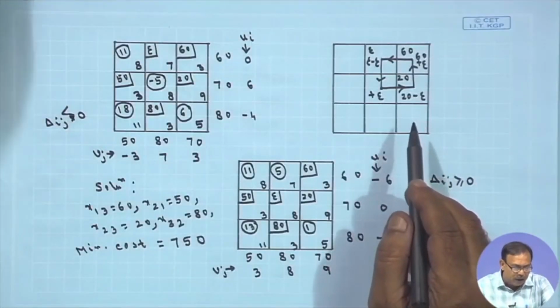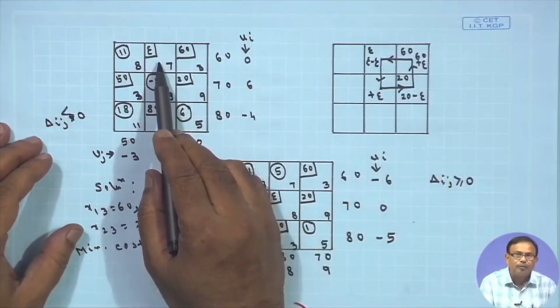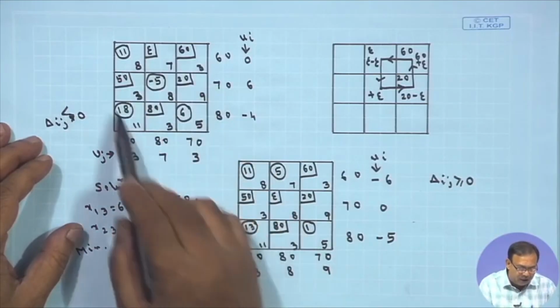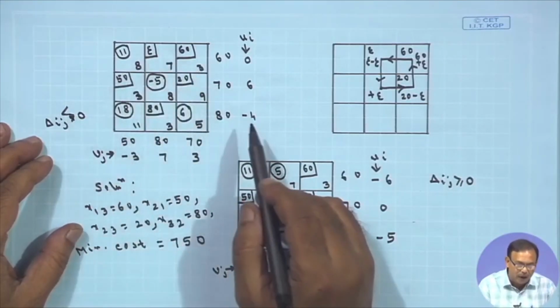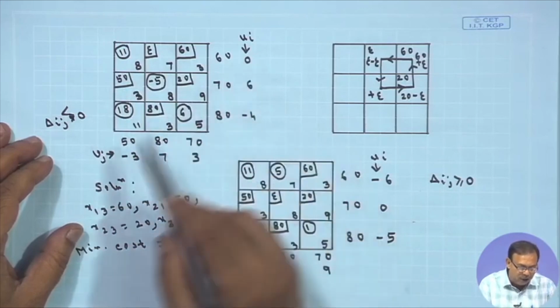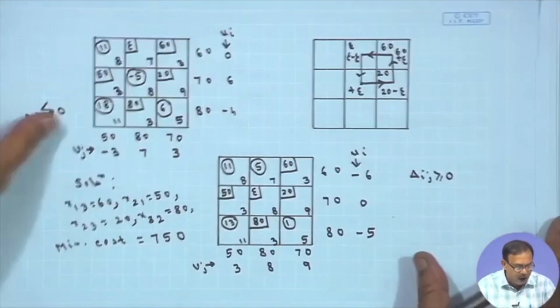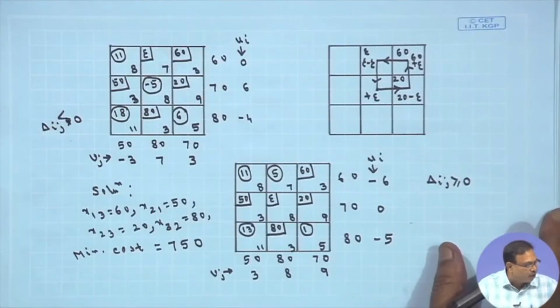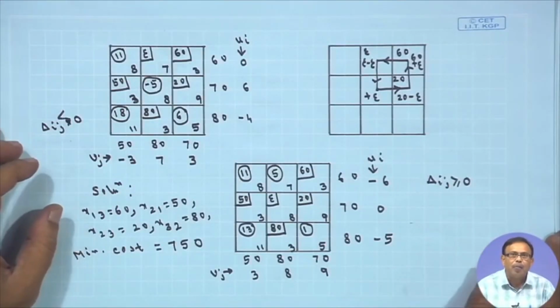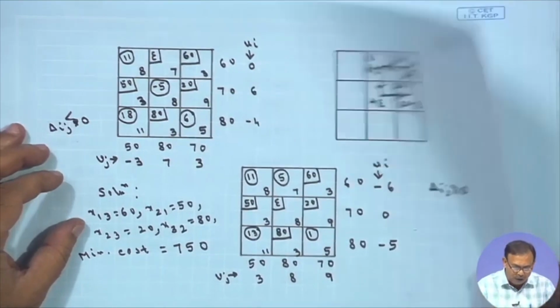In the next table I have assigned epsilon, and then again I will check whether this solution is optimal or not by calculating ui, vj and then delta ij, and I will repeat the process until I am obtaining the required optimum solution.